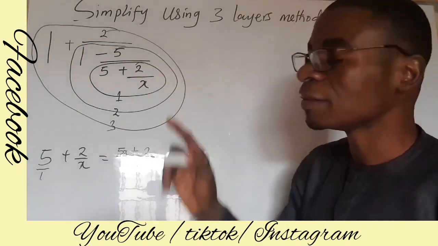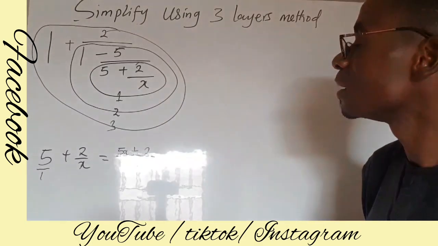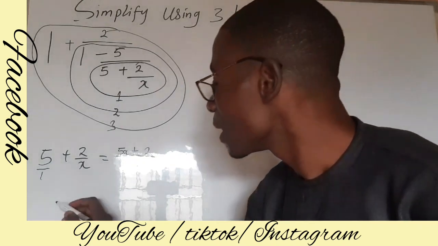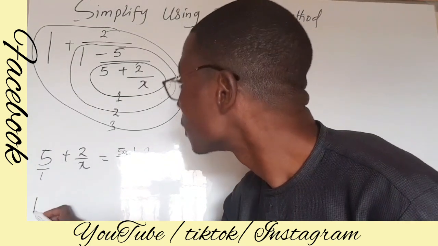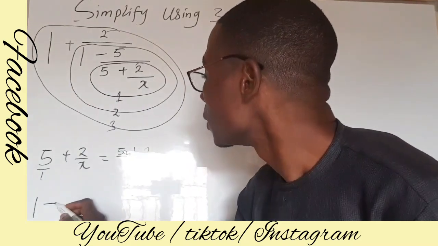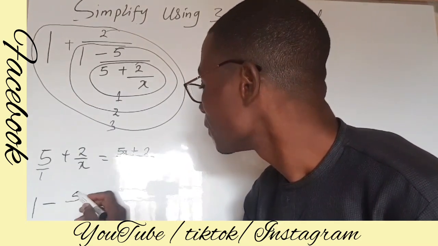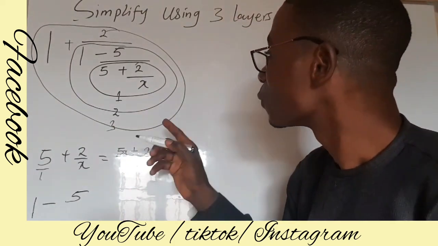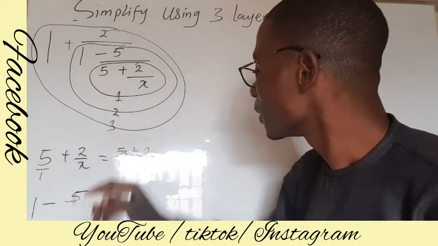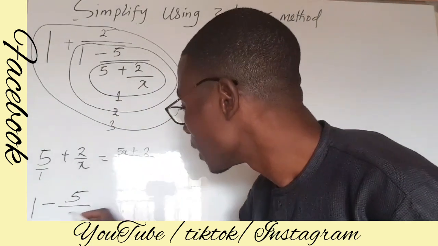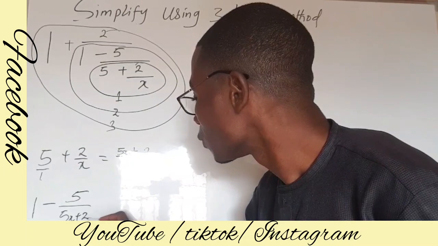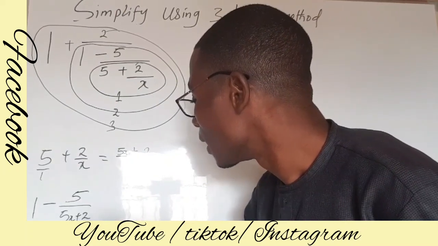So we replace it back and then use the second layer. Okay, so the second layer was this: 1 minus 5 over the first layer, and the first layer now is (5x plus 2) all over x.